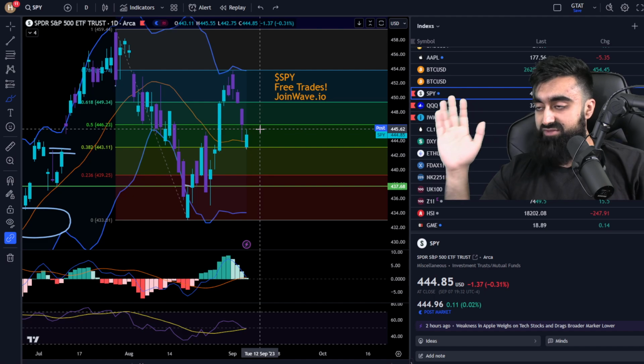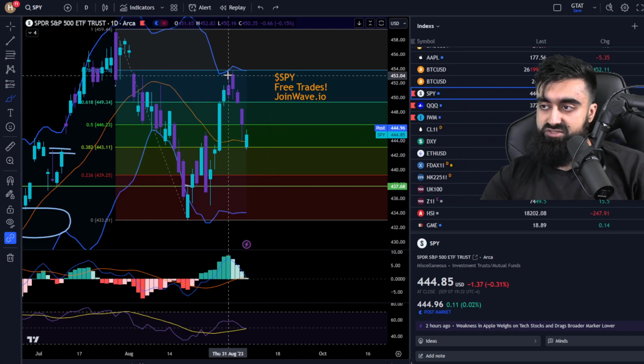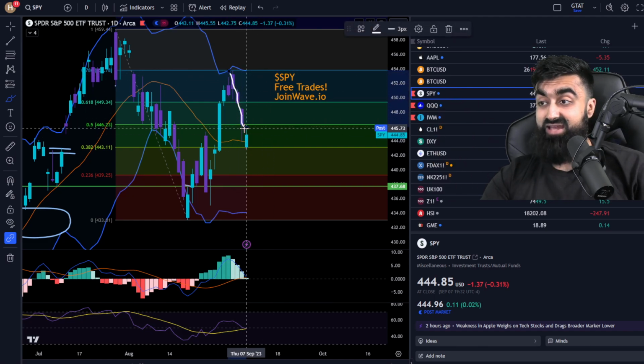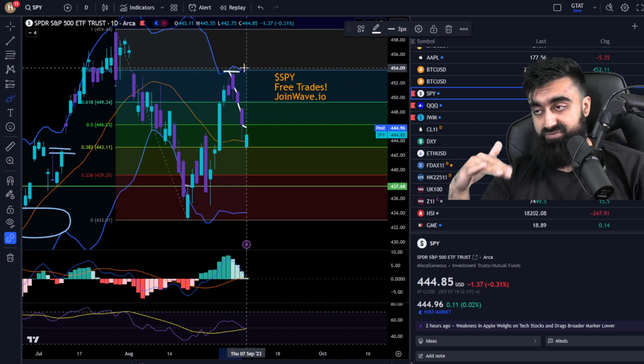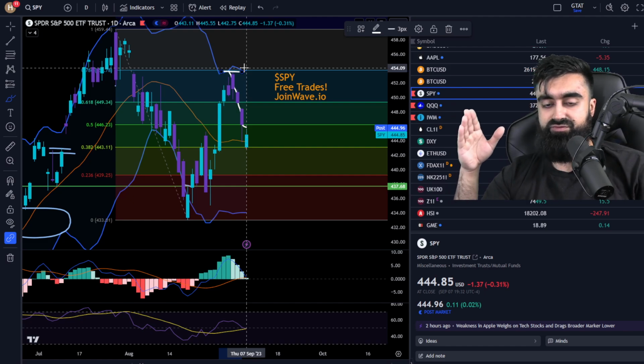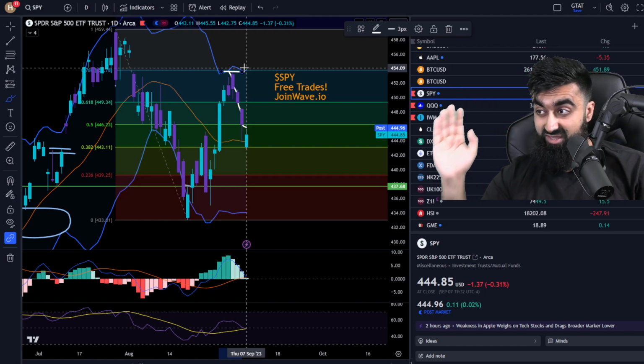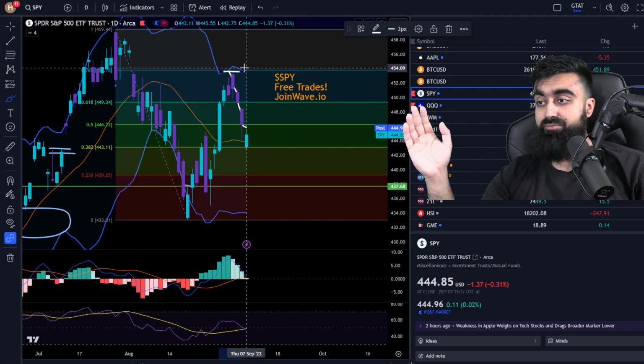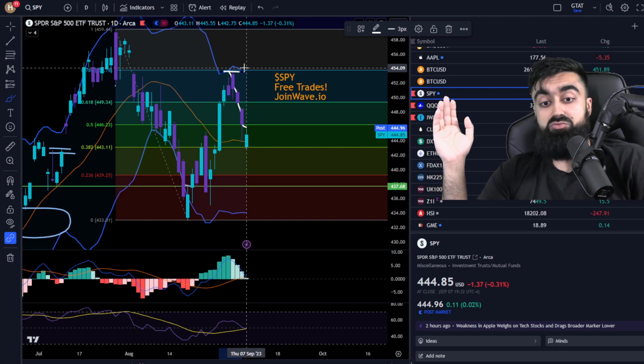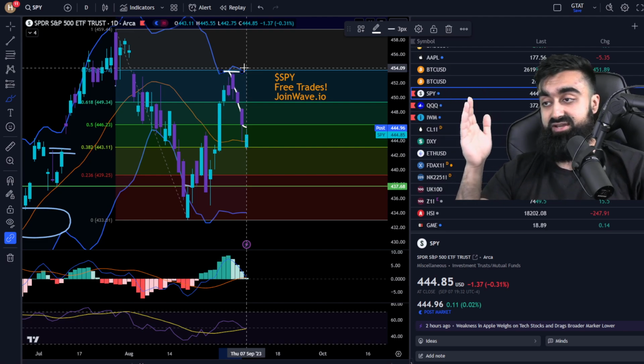Now, obviously, we are fighting against this momentum, and I do not think that we will break above this high. I'm just making this clear. I don't think that we will break above 454. We would be lucky if we broke above 452. It would be lucky if we retested this high.